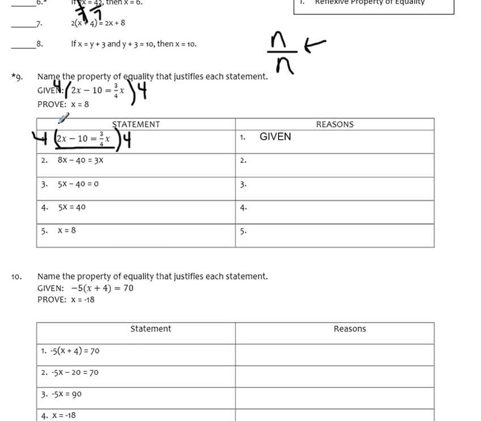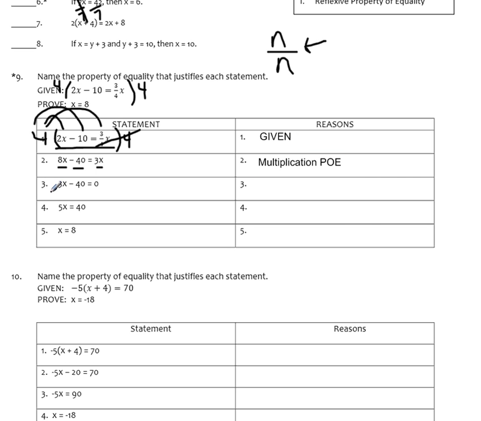So let's check. 4 times 2, well, there's our 8. 4 times a negative 10, there's our negative 40. And 4 times our 3/4, remember the 4 and the 4, the numerator and the denominator, they divide to turn into 1. So we're left with 3x. So all we've done here is we've multiplied. So that's our multiplication property.